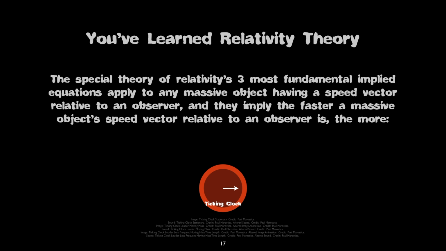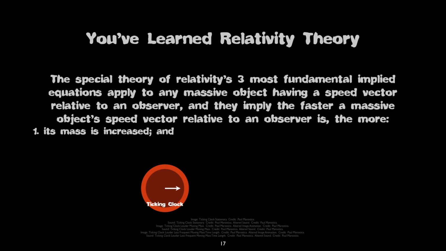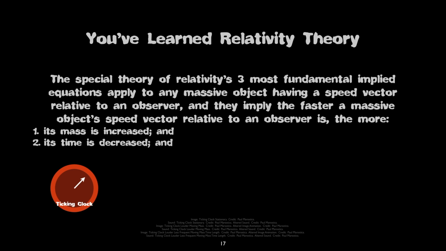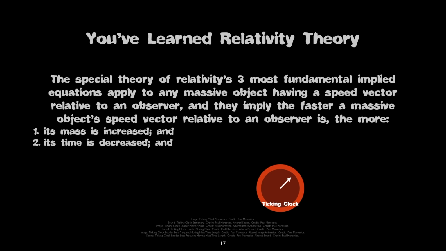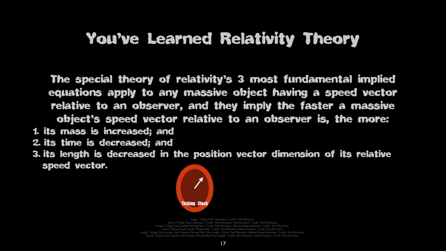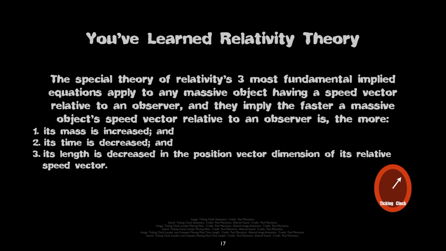The special theory of relativity's 3 most fundamental implied equations apply to any massive object having a speed vector relative to an observer, and they imply the faster a mass of object's speed vector relative to an observer is, the more its mass is increased and its time is decreased, and its length is decreased in the position vector dimension of its relative speed vector.